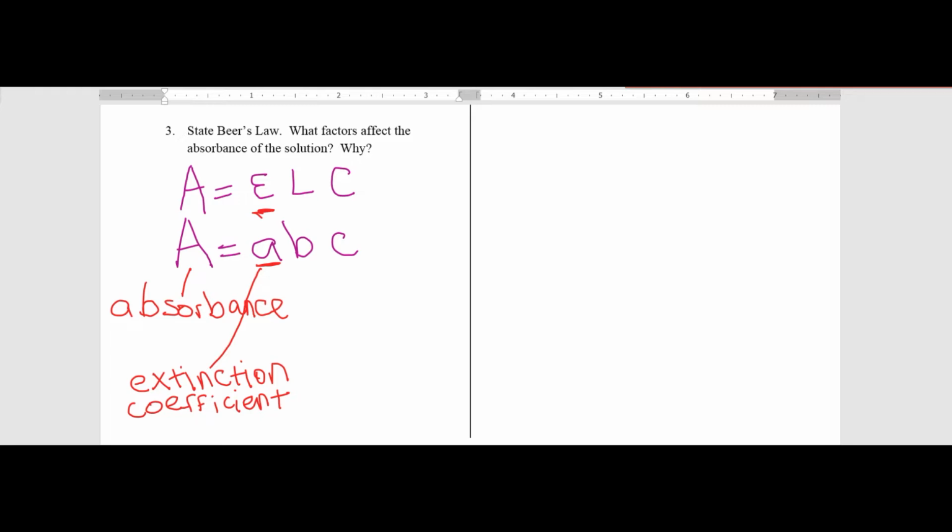That one changes depending on the solution. Even though it says that it's a constant or a coefficient, it will change depending on the solution, so every solution has a different epsilon or a value.